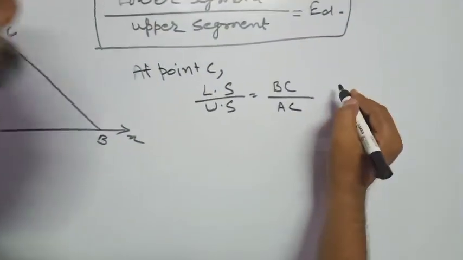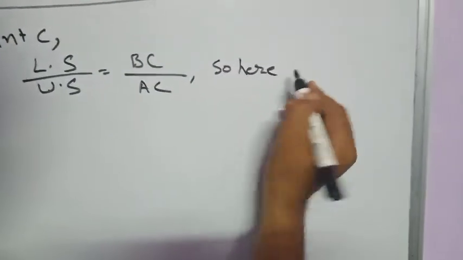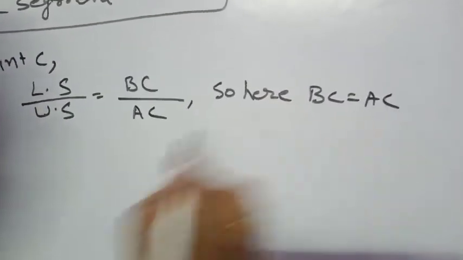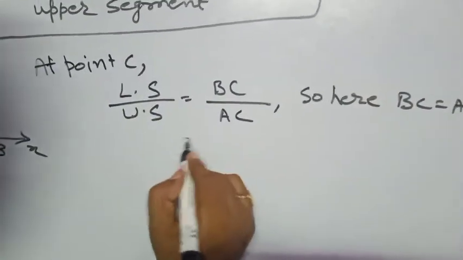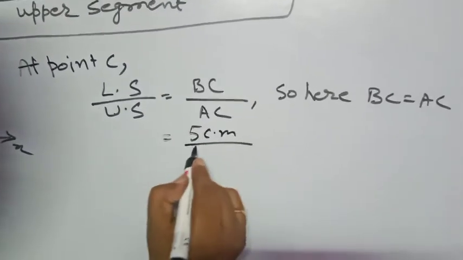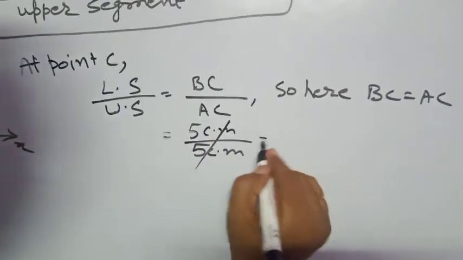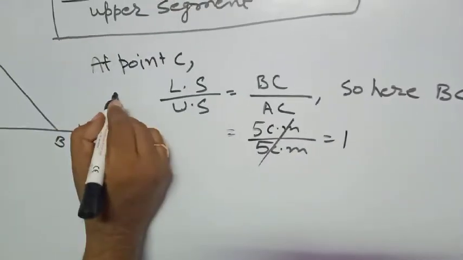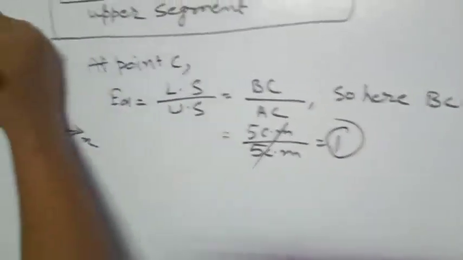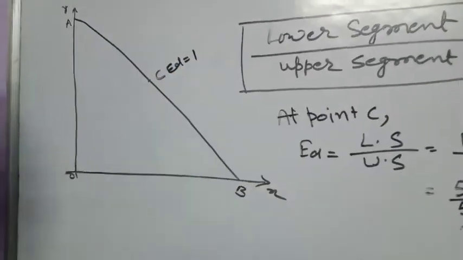So here BC is equal to AC. So if both are equal, suppose that is 5 centimeter divided by 5 centimeter. So when you cut, what will be the value? 1. So here ED we have calculated how much? 1. So we can write here ED is equal to 1.